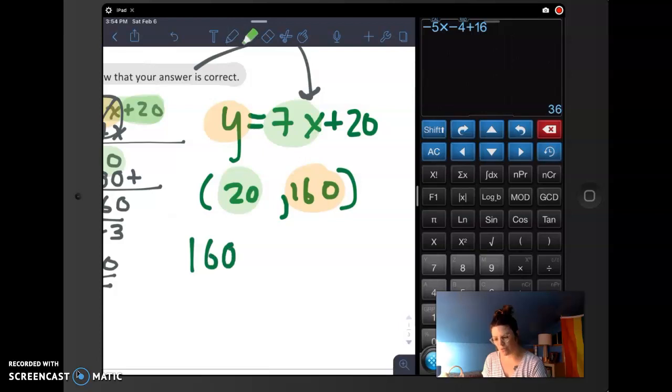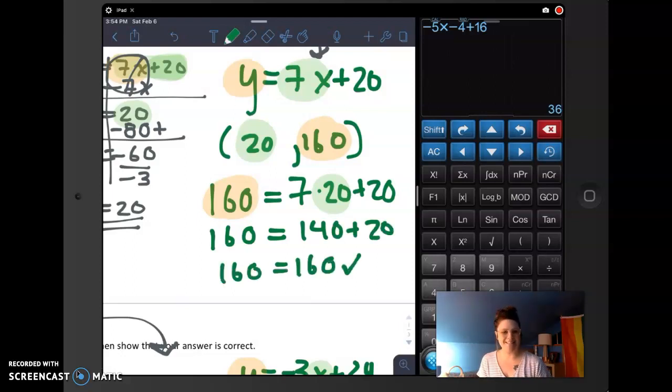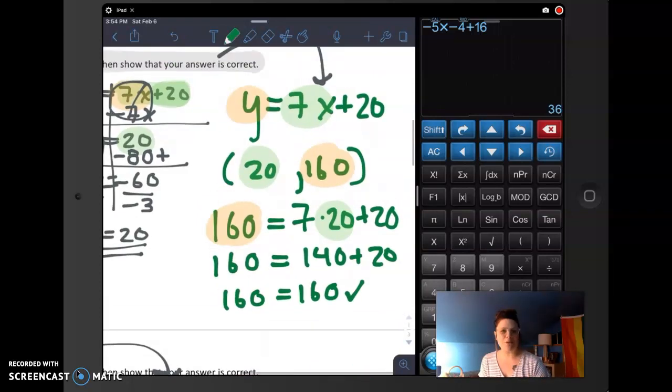So I plugged in the 160 for y, and I'm going to put 7 times 20 plus 20, putting in my 20 for the x, and I'm just going to see if it's true. So we have, is 160 equal to 7 times 20 is 140 plus 20. Is 160 equal to 160? Yes, it is correct. All right, and it would be the same for the other problem.